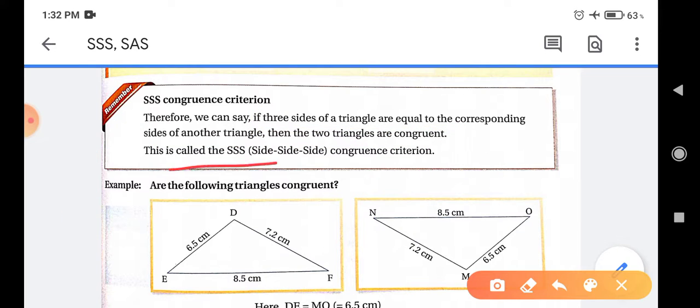This is called the triple S congruence criterion, because we have used all the sides of the triangles.